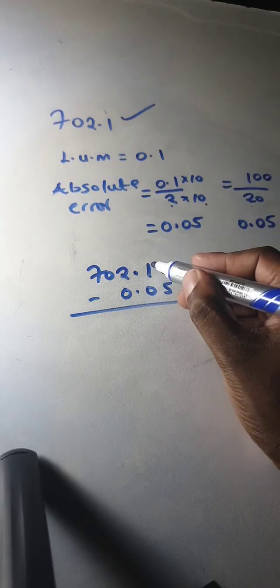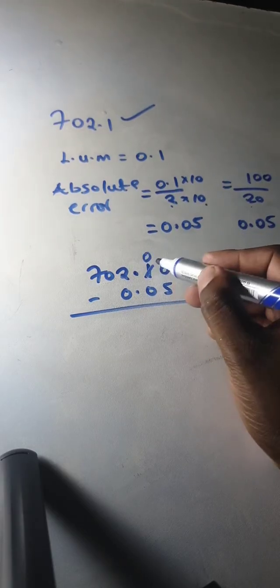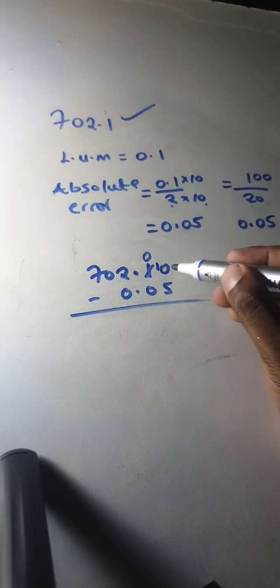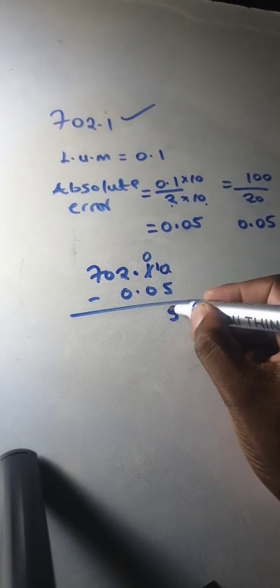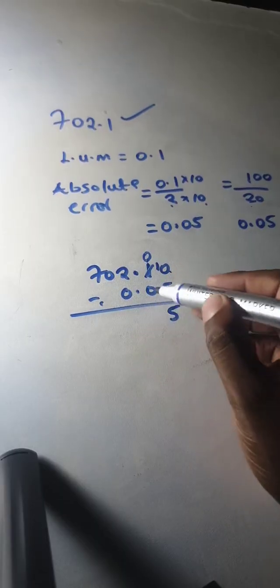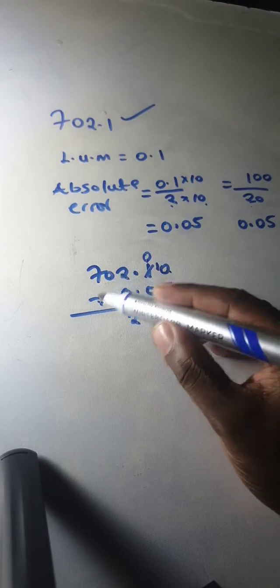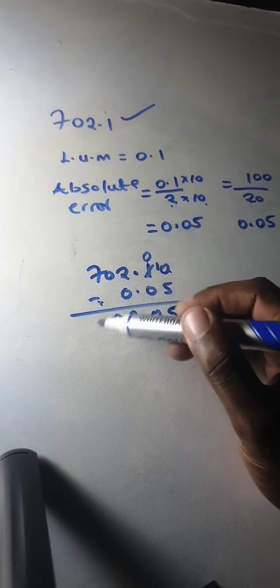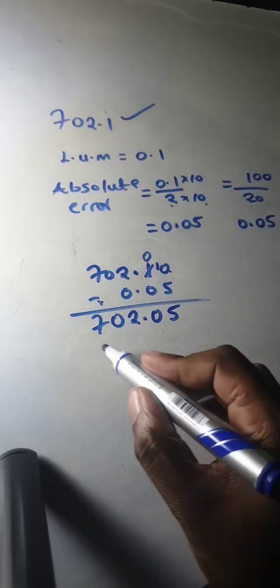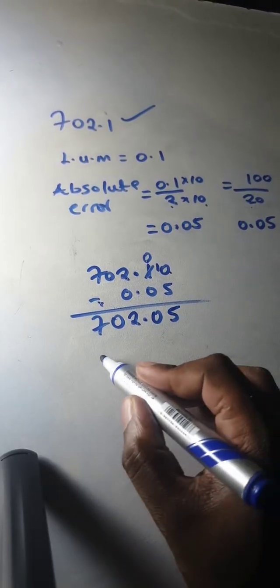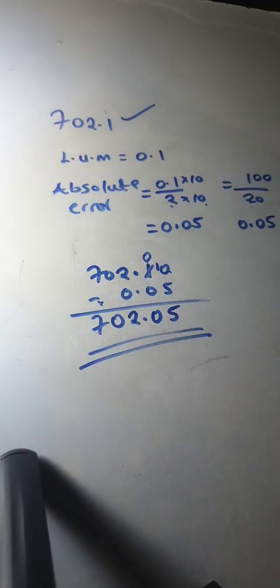So I'm going to borrow, like that. 10 minus 5 is 5. Then 0 minus 0 is 0. 2 minus 0 is 2. 0 minus 0, 0. 7 minus 0, 7. So the lower limit is 702.05.